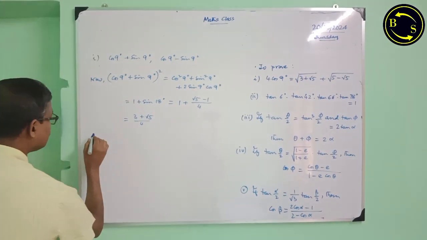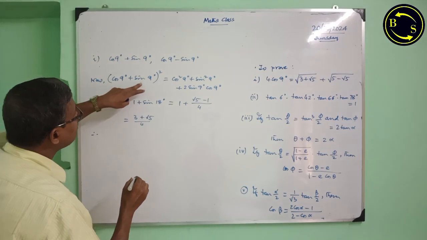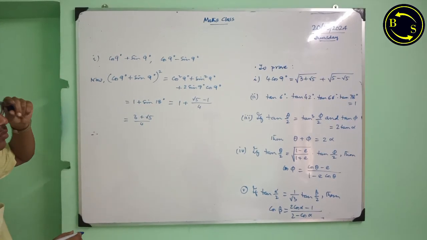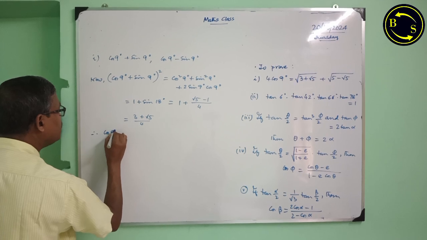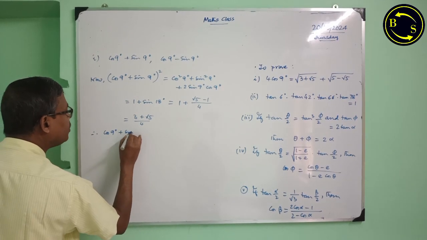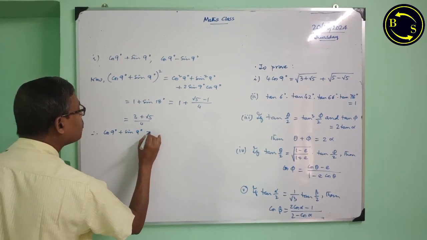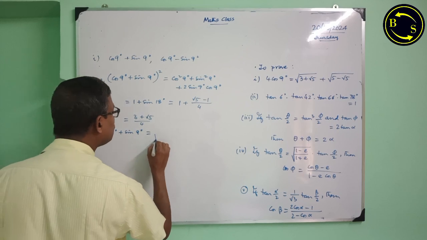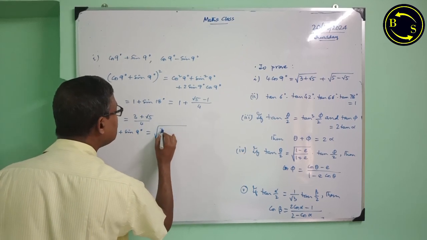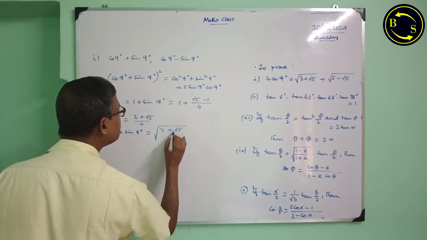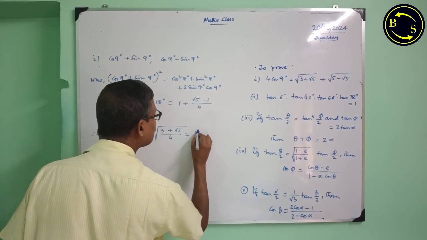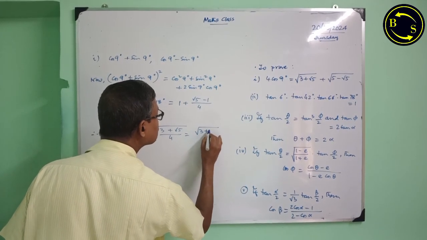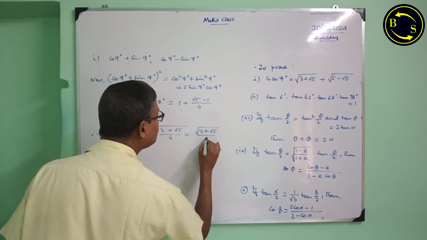Now cos 9 degree and sin 9 degree both will be positive. Therefore, cos 9 degree plus sin 9 degree will be equal to the positive square root of 3 plus root 5 by 4, that is root over 3 plus root 5 by 2.